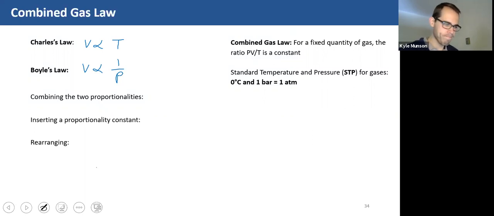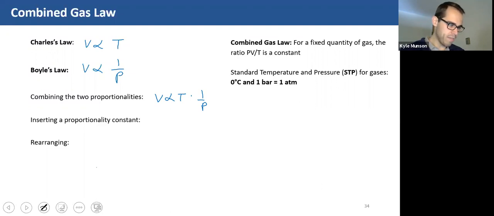So if you combine those two proportionalities, what you get is the following: volume is proportional to temperature times 1 over pressure. We can do that because mathematically the same quantity, volume, is proportional to the product of temperature and 1 over pressure.